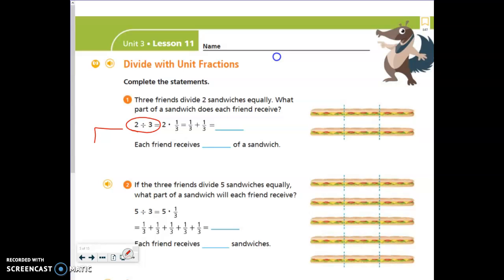Okay, so as I look at what I see right here, I take this front number, which we actually call the dividend, and I put that underneath the long division symbol. Okay, and I take the divisor, which is the back number here, and I place that in front. That's called the divisor. And then the answer to the division problem is the quotient. Okay, and that will go up here if we are doing this in long division terms. So just try to wrap our minds around what this looks like.